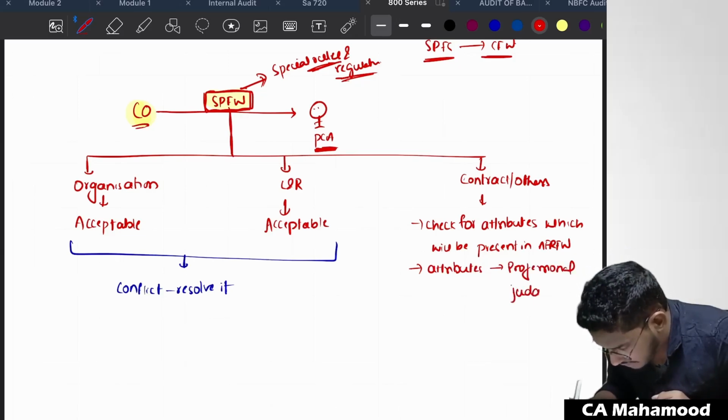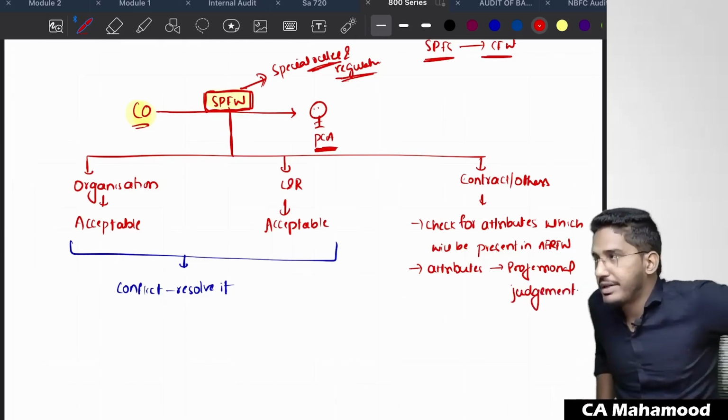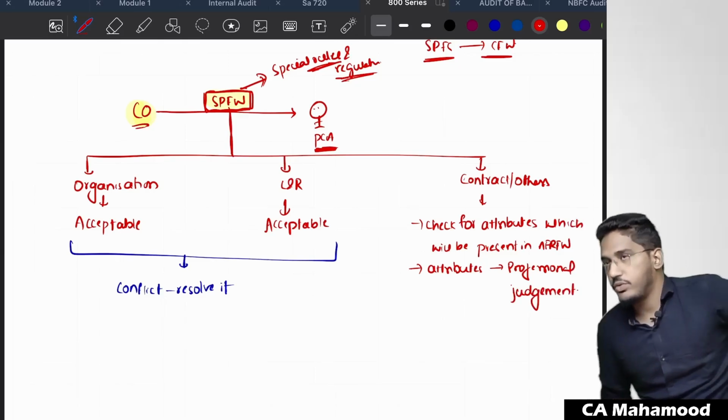Just write it here, just copy this. This is the summary of that entire paragraph. Just note it down, or even take a screenshot if you want. No issue.